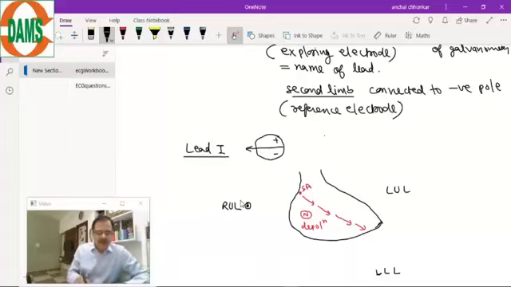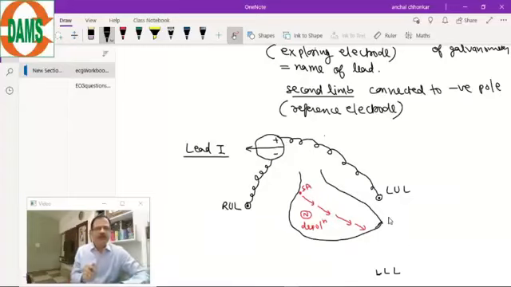From the right upper limb we'll take a wire, and this wire will be connected into the negative pole of the galvanometer. And from the left upper limb we will take the wire, and this wire will be connected into the positive pole like this.